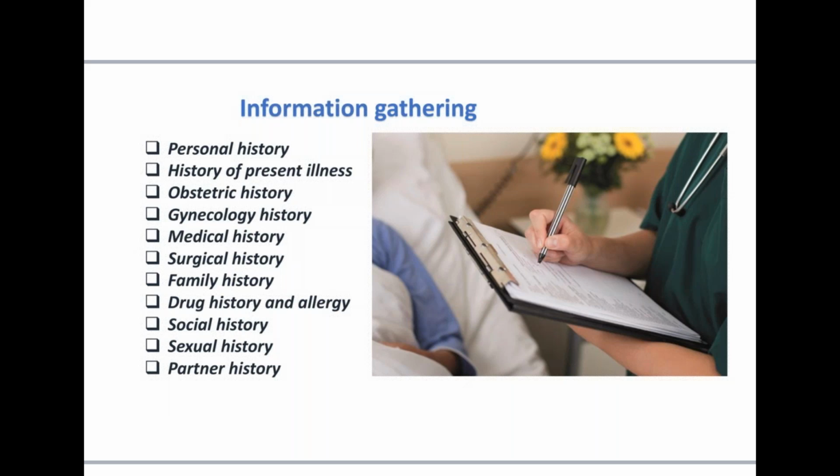But before that, because I'm seeing you for the first time, I need to take some information about your background history. Is that okay for you? So you take her permission that we need to take a history. She will agree, okay, and then you start to go ahead with the history.